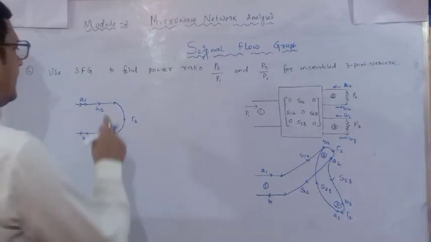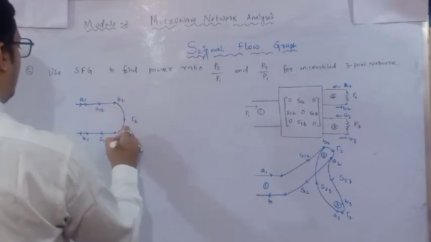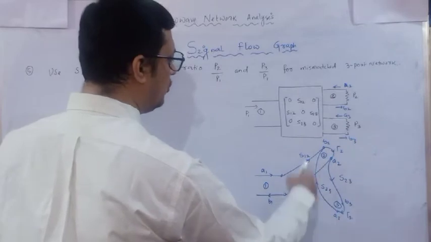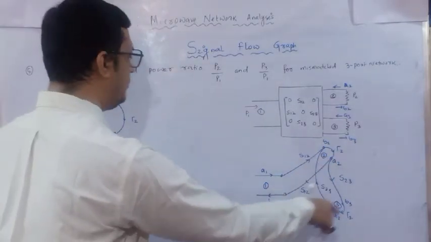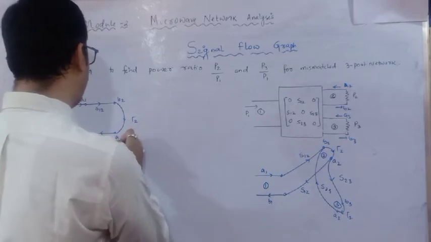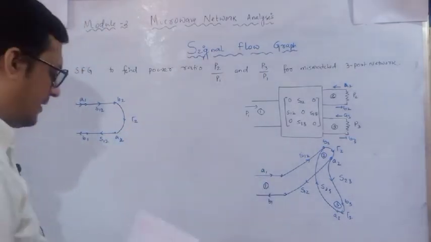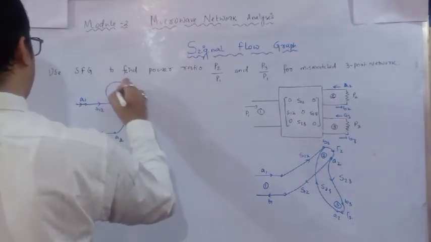Next, this is your B2 and this is your A1. In this B2, you can see this loop is available. In this B2, with respect to A2, your loop is available. That is called a self loop. So that self loop we have to identify.